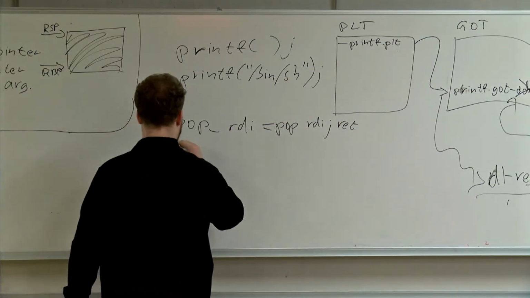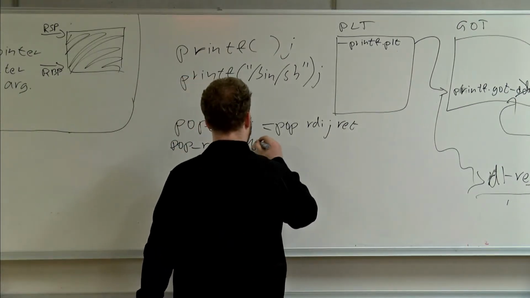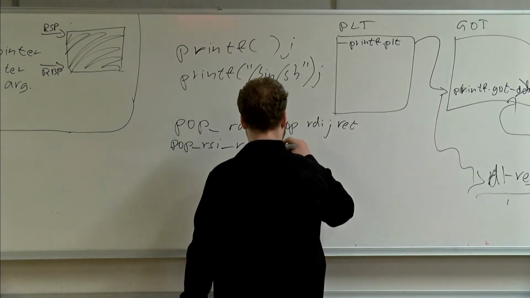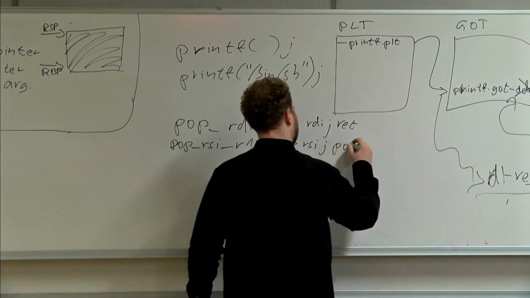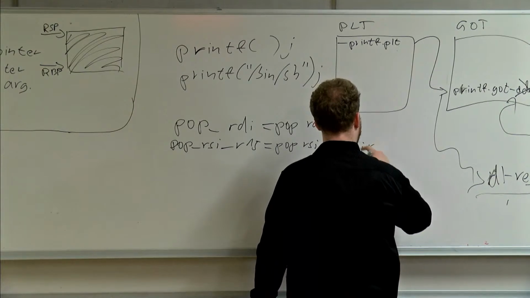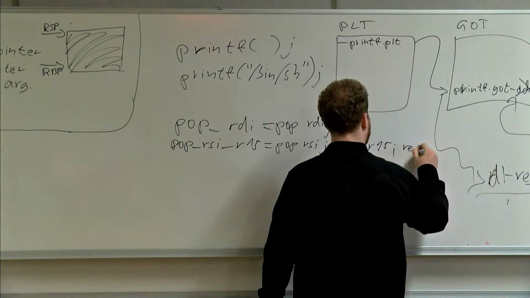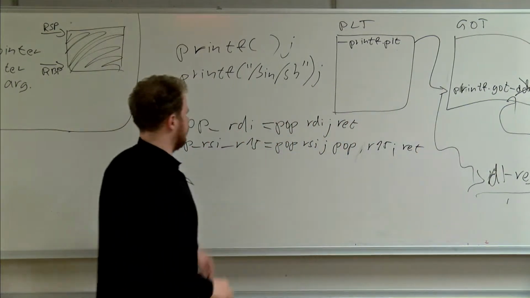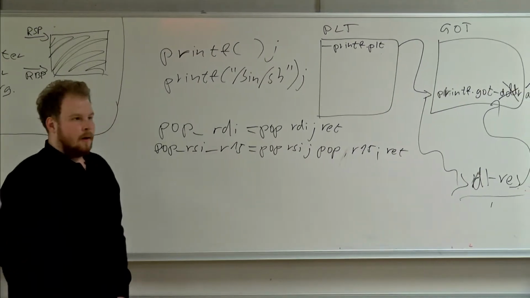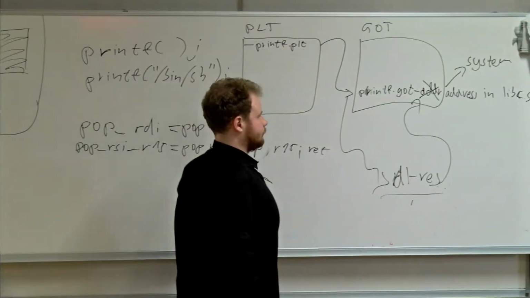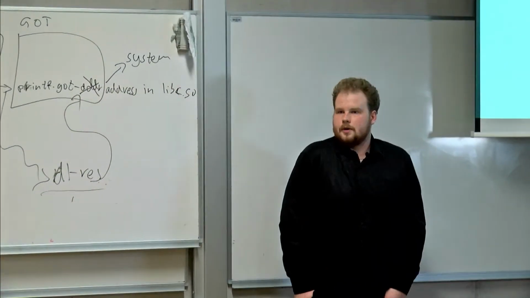The pop RSI R15 is an address to pop RSI, pop R15, ret. Just for some clarification, so we know exactly what we're talking about. Why will this work? What will happen here?